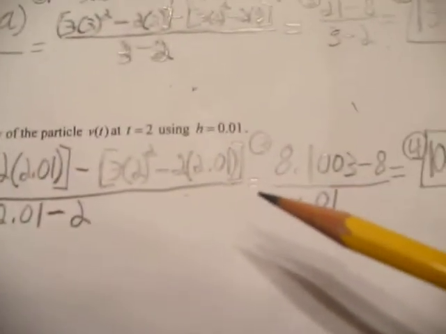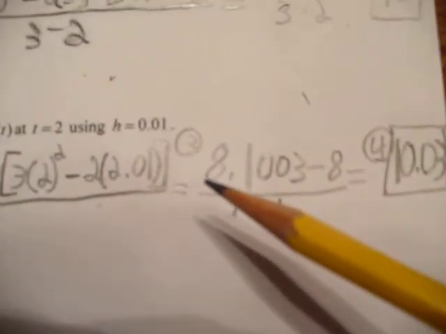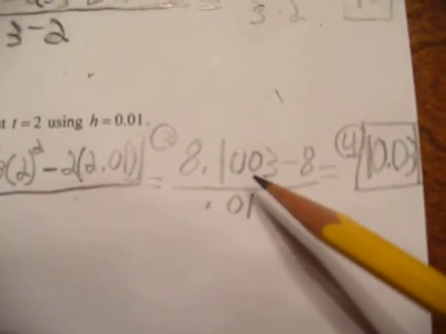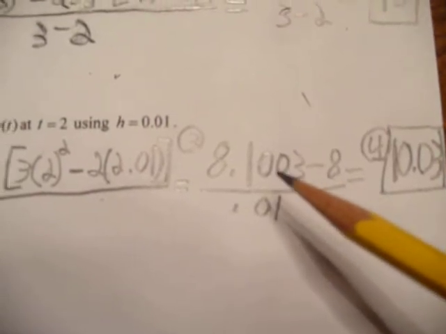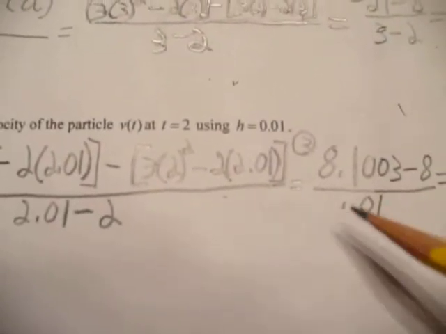This equation equals, after doing the math up top, 8.1003 minus 8. B minus A resulted in 0.01.